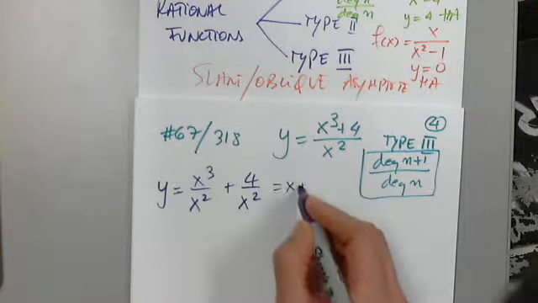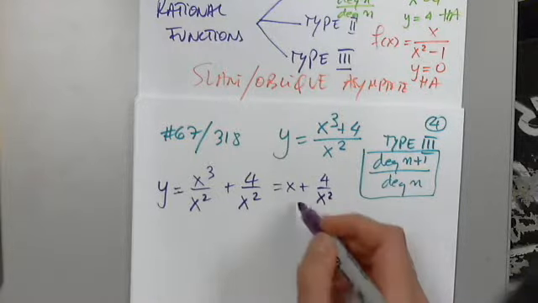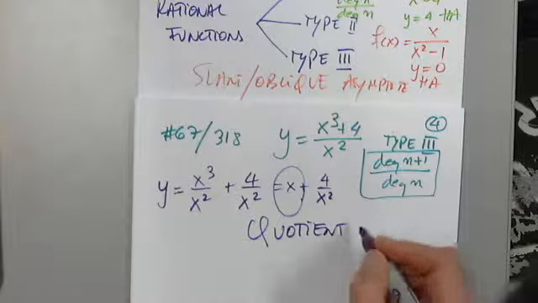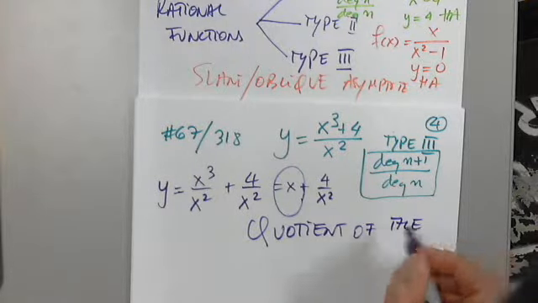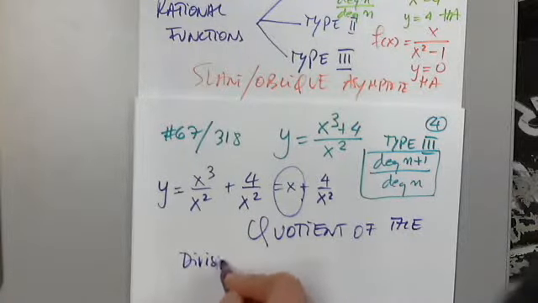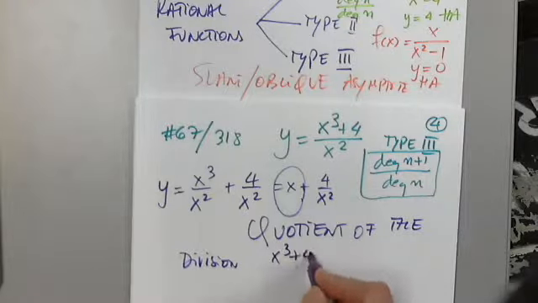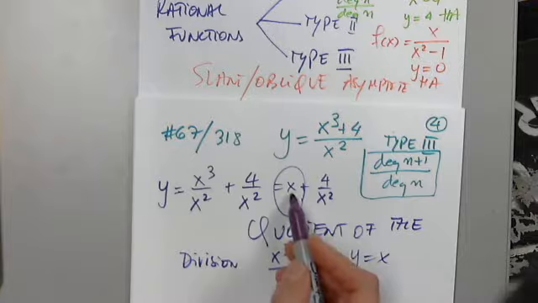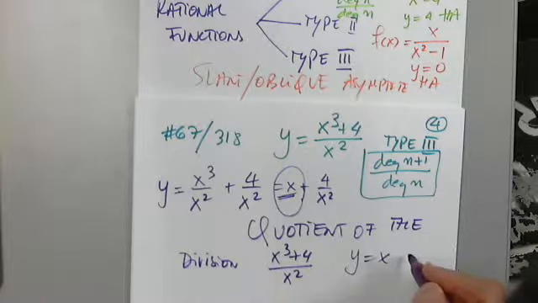So this is x plus 4 over x squared. This is the quotient of the division x cubed plus 4 divided by x squared. y equals x, which is this. This is the slant asymptote.